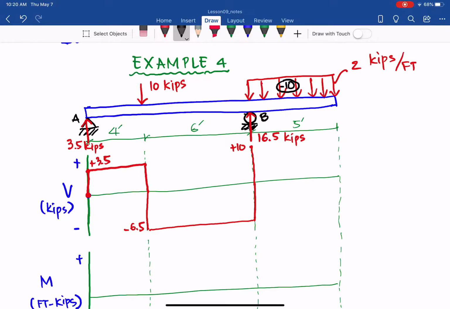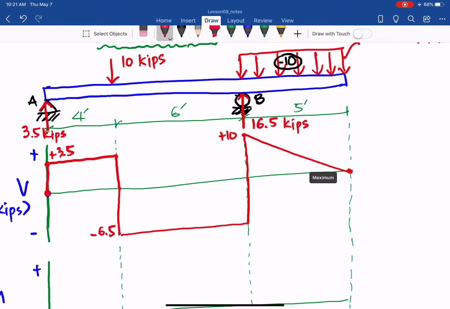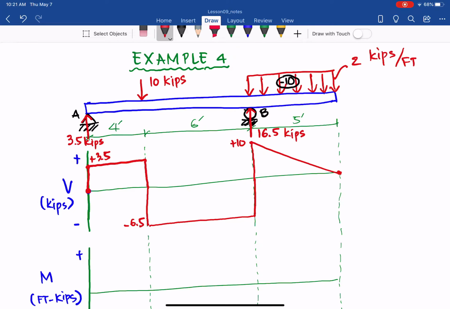So the change in shear from B to the right equals the area under the distributed load, that is negative 10. So you have plus 10, negative 10, so it will stop at 0, and nothing else, so as you can see, it finishes at 0. Make sense? And the slope of the shear diagram there, as you can see now, equals 2 kips per foot. So it's a straight line.